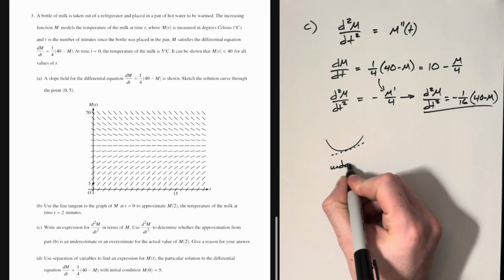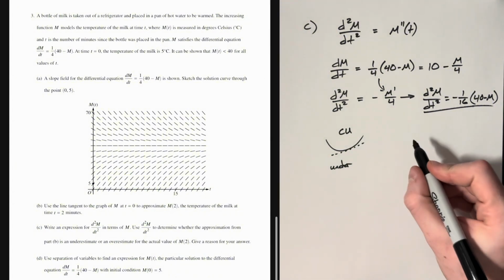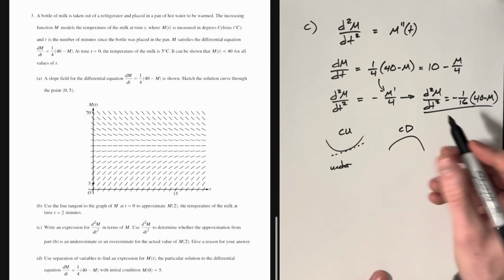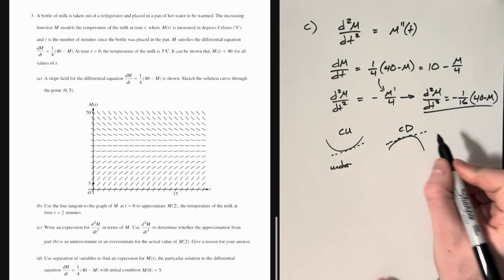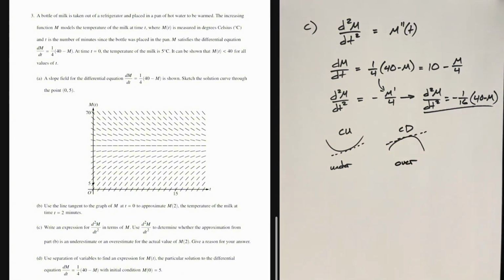So it will be an under approximation when we are concave up. Vice versa, if I had a function that was concave down, my approximation will always be over the curve.